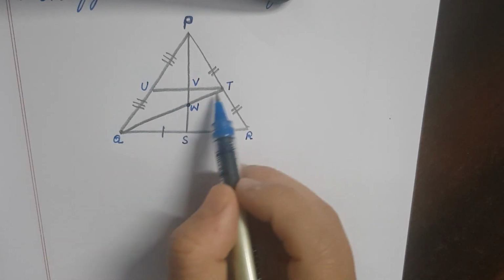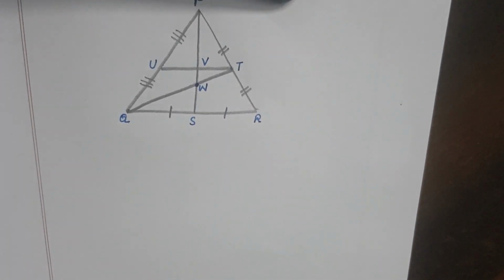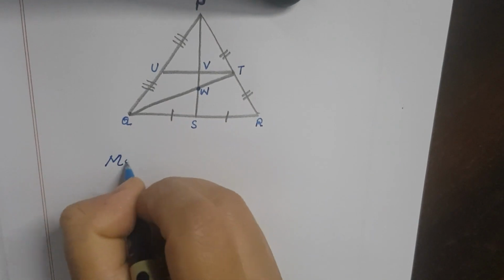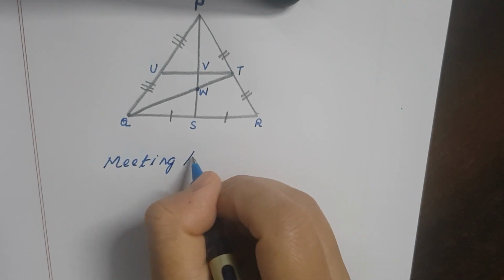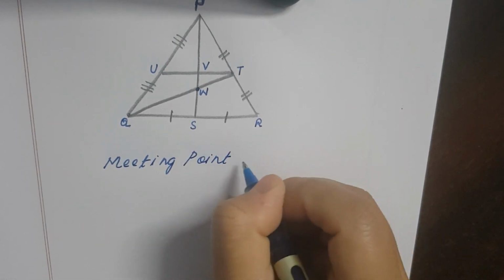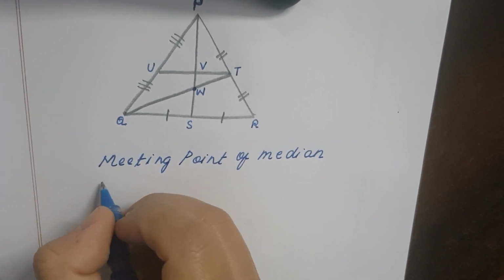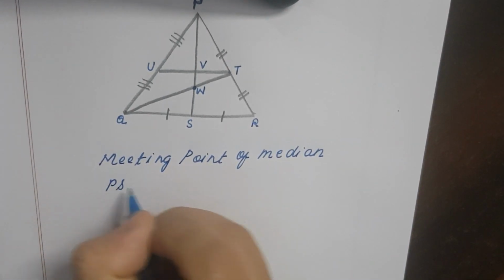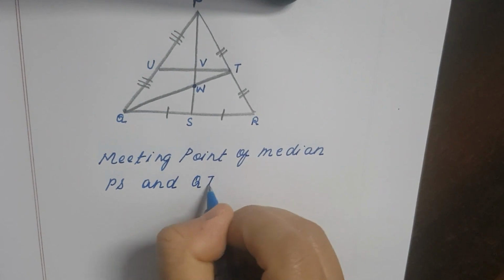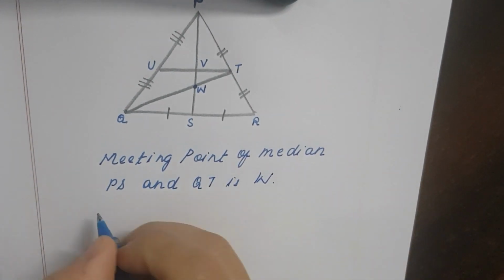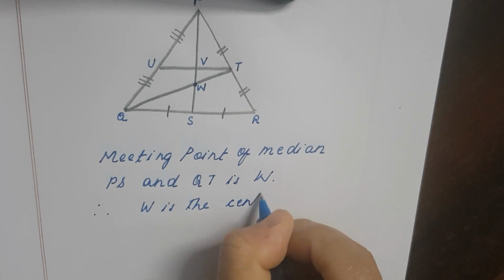These lines are passing through one common point which is W. So now we can write this: the meeting point or the common point of medians PS and QT is W. Therefore W is the centroid.